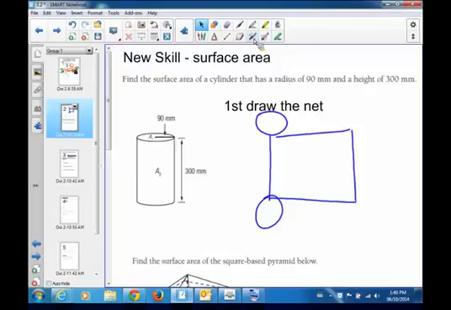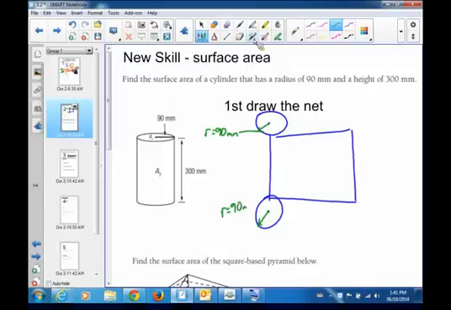Now, it's not a great drawing. It doesn't have to be. But we were told the radius here, I'm going to draw the radius in a different color. 90. So the radius, 90 millimeters. It's already cut in half. The radius is equal to 90 millimeters.